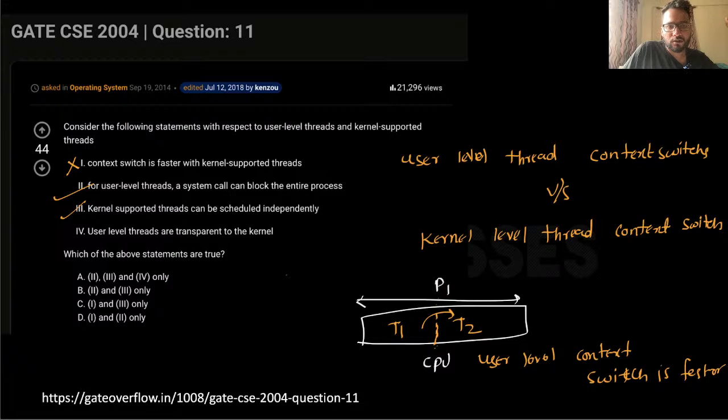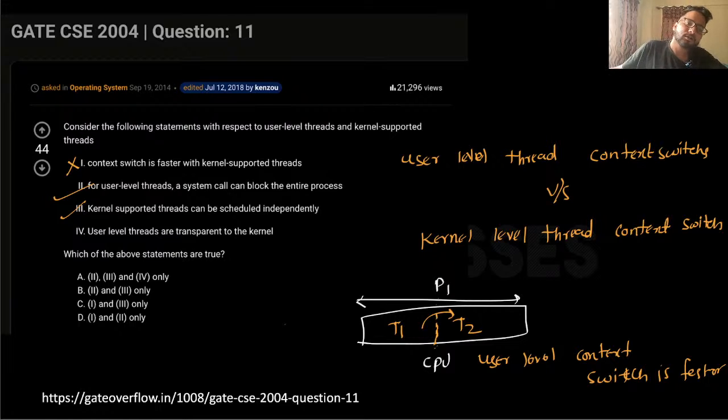Okay. So what do you think about the fourth option? What does this transparent mean? I think here transparent means that the kernel is not aware of the user level thread.